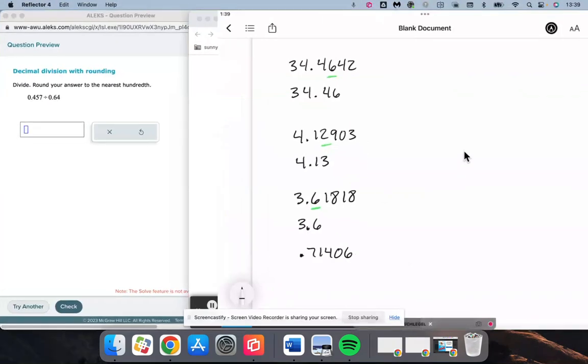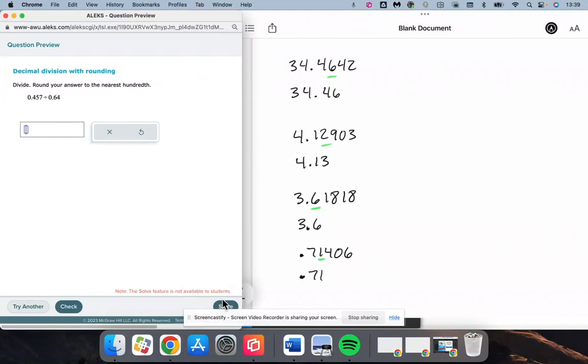We're asked to round to the nearest hundredth. So tenths, hundredths is right there. The number after the 1 is a 4. 5 or more, up the score; 4 or less, let it rest. We're going to let it rest. That stays 0.71. And that's it for this one.